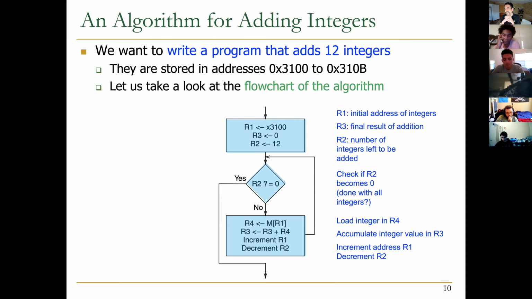If it is word addressable, the next one is 3101. If it is byte addressable, since you have 2 bytes, the next one would be 3103, right?